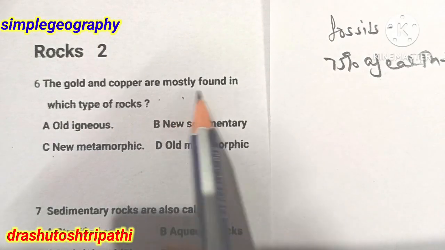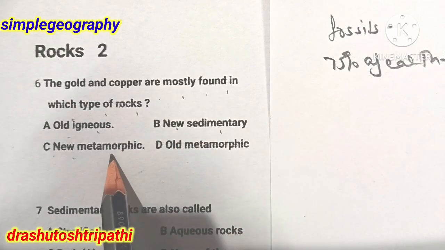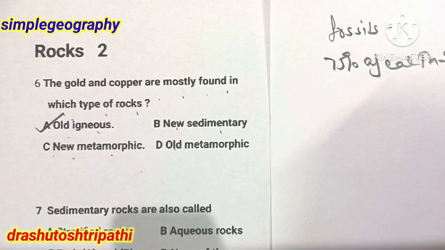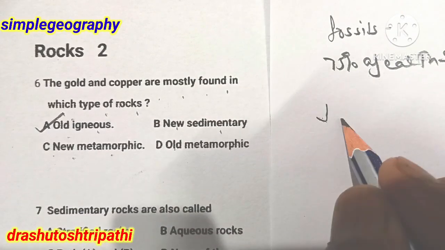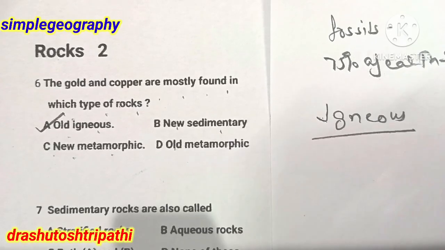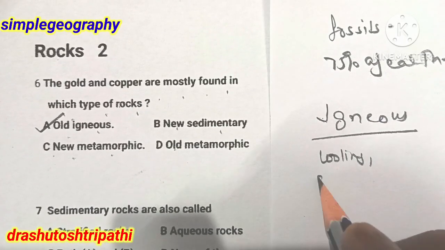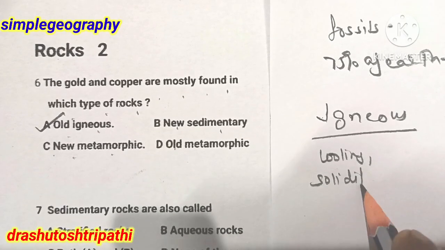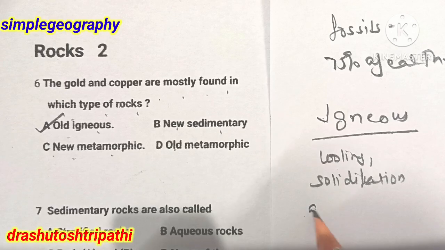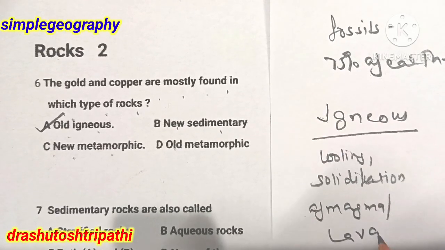Gold and copper are mostly found in which type of rock? Old igneous rock, new sedimentary rock, new metamorphic rock, or old metamorphic rock? The answer is old igneous rock. First, you have to know what is meant by igneous rock. These rocks are formed by the cooling and solidification of magma or lava.